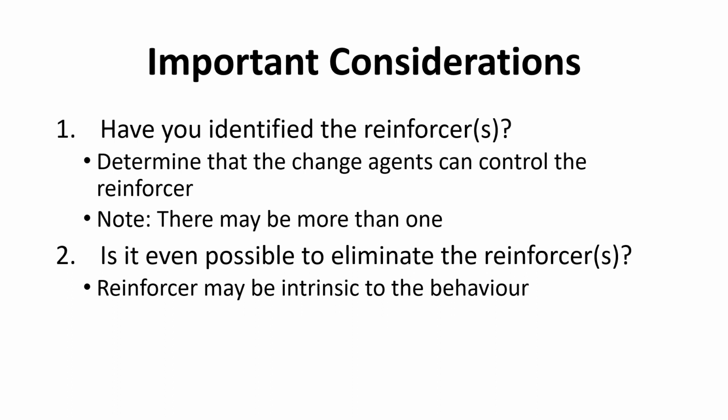And once you've done that, you absolutely need to make sure that the change agents, which are the people who would be implementing that extinction protocol, can actually control the reinforcer. There are going to be some situations where, again, it isn't viable to actually manipulate that reinforcer. Which leads us to the second point, which is the question of, is it even possible to eliminate those reinforcers?